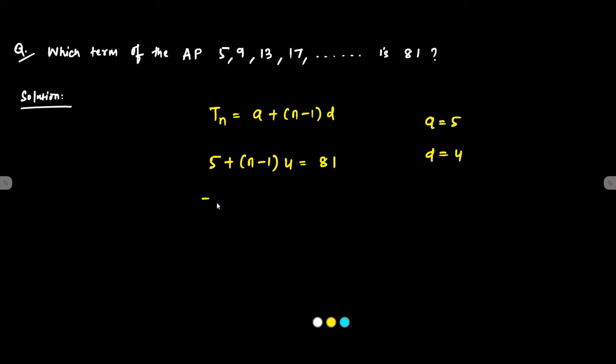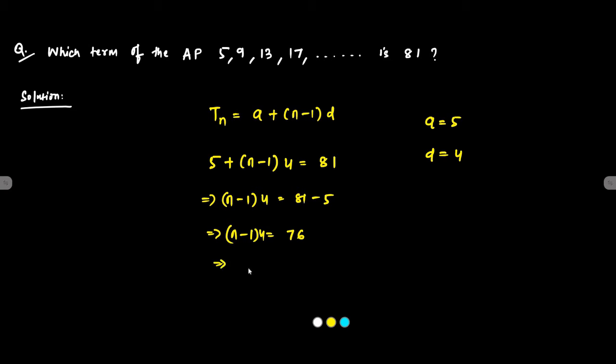That implies n minus 1 into 4 is equal to 81 minus 5, which is 76.